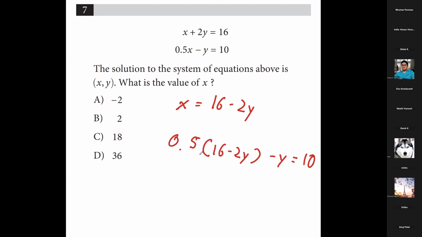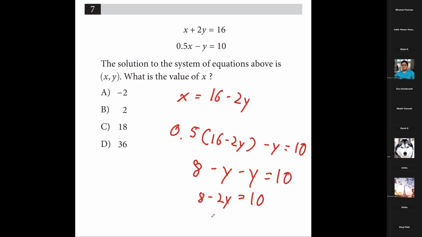And then we multiply out the parentheses, which would just be 0.5 times 16, which is 8, minus y equals 10. 8 minus 2y equals 10, so then y has to equal -1, because -1 times -2 is +2, so 8 plus 2 is 10, so y is equal to -1.